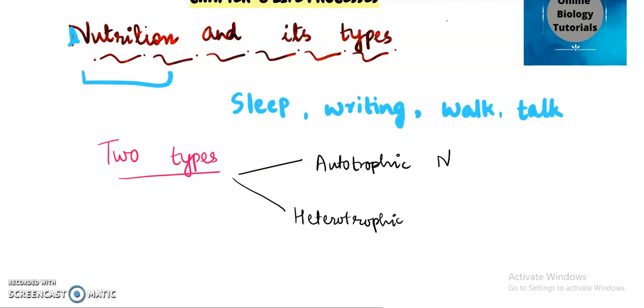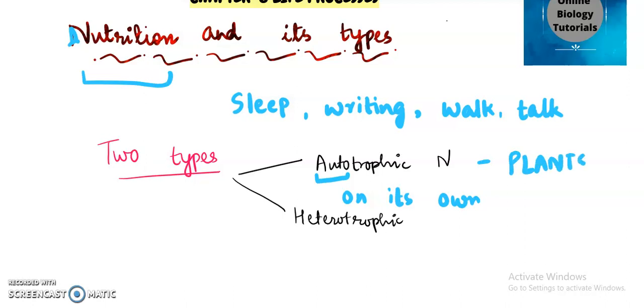Now, auto means on its own, and it includes plants because they have the capacity to form their own food. That is why plants are known as the producers of our ecosystem, because only they have the power to utilize the solar energy and convert it into chemical energy which can be used by other organisms which cannot prepare their own food.